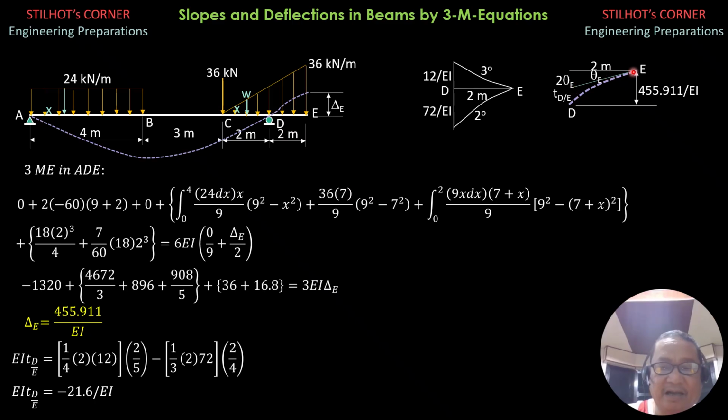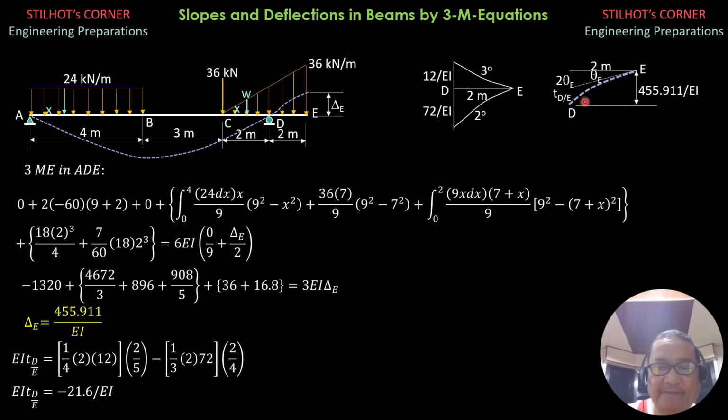Then the tangent at E is below the horizontal, because this deviation, which is 21.6, the magnitude is less than delta E. So it should be below, and it should be at that position. So if this is 2 theta E, theta E is expected positive. Again, it is inclined up to the right, or the tangent at E is located from the horizontal by rotating counterclockwise. Counterclockwise rotation is positive.